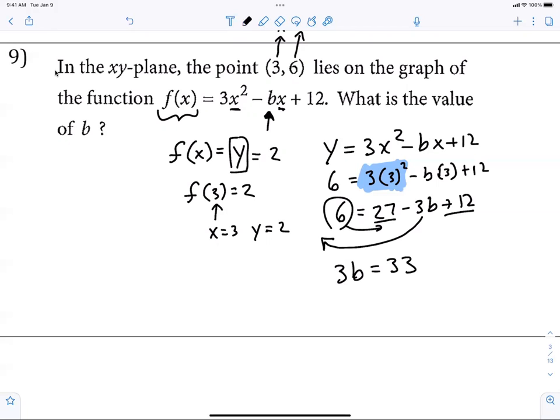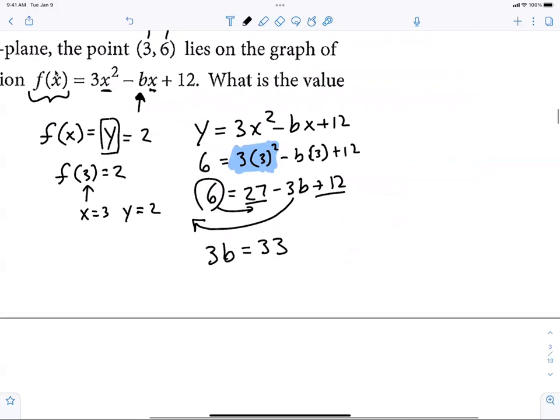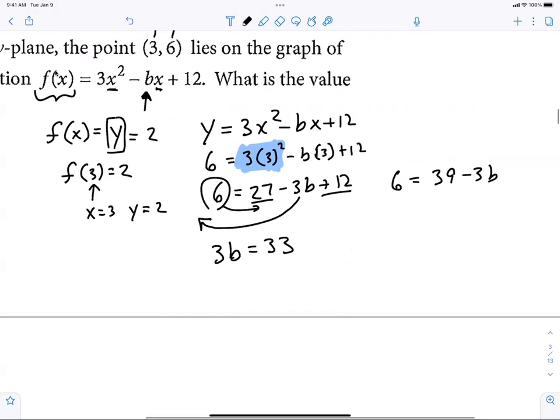Now, if that doesn't make sense, just slow down. If you don't like that, just say 6 equals 39 minus 3b. Add 3b, and then subtract 6. And there's what we did. But I'm trying to get you to practice your mental math. All right. So b equals what again?